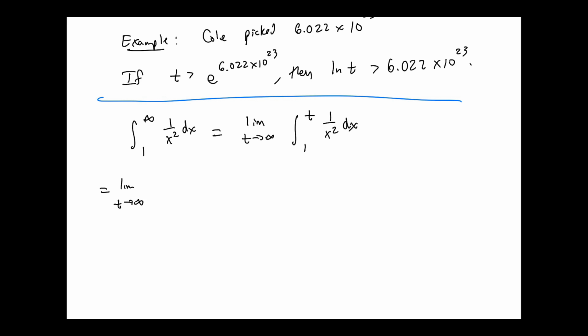How do you write 1 over x squared? Okay, so what's the antiderivative of that? 1 divided by negative 1, which is what I just wrote there.